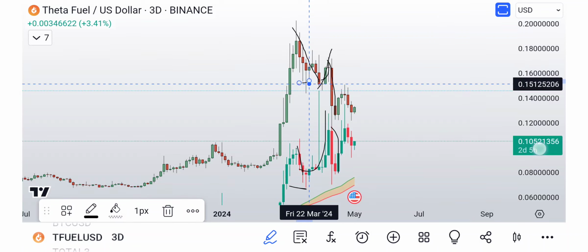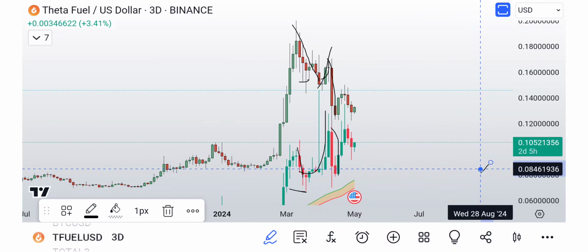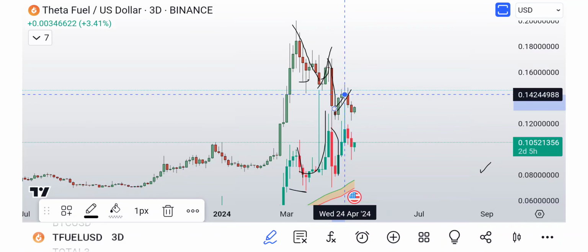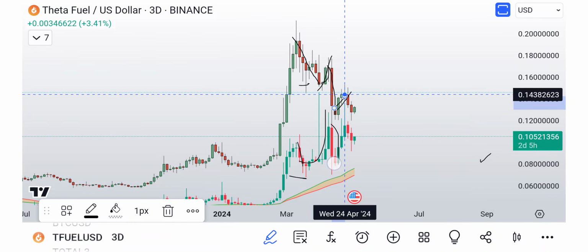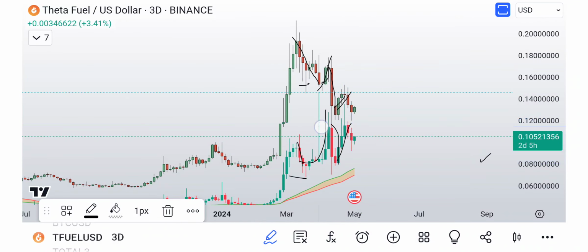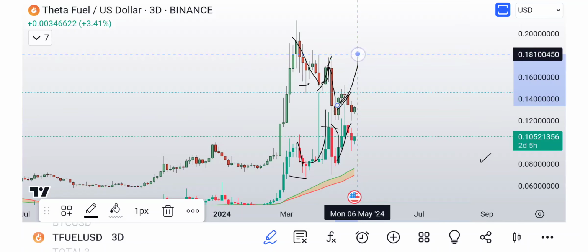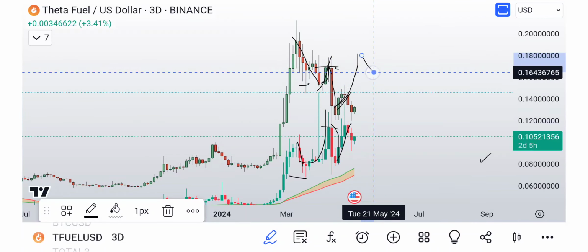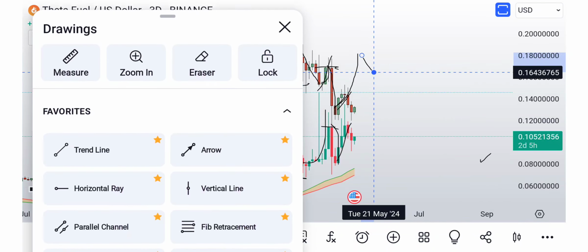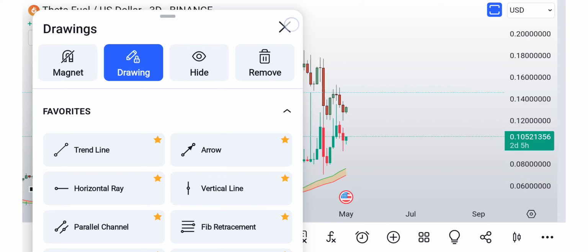Then Theta had a little pump to the upside. But look at Theta Fuel. It had a big pump to the upside that took out this area here. That would be the equivalent of Theta taking out this top here and pulling back. So to me, that shows very big time strength right there.